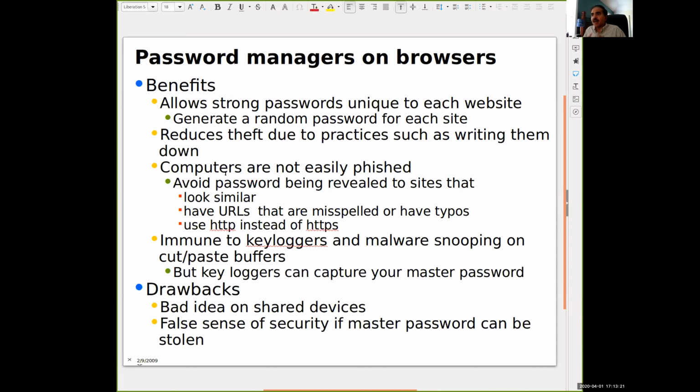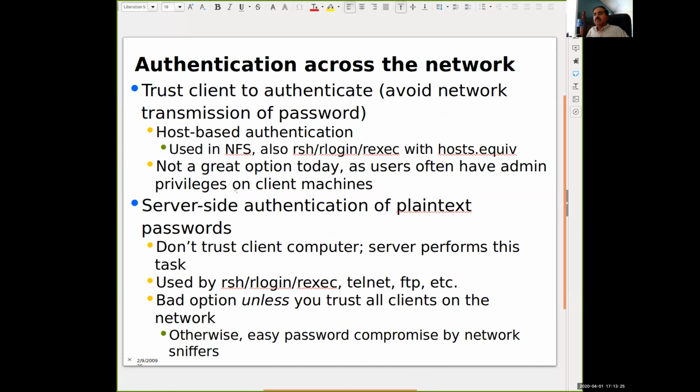Okay, so let's go to the next topic, which is stealing passwords on the network, right?